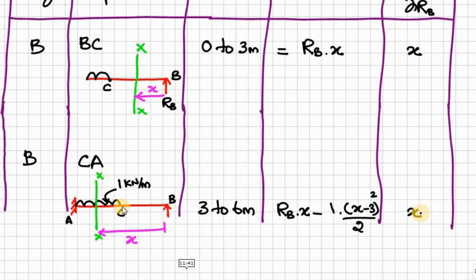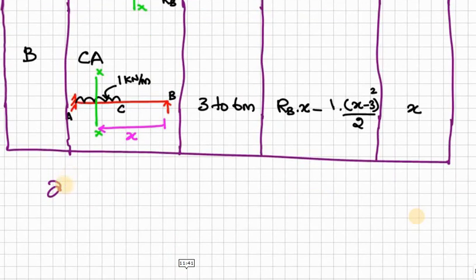So X minus 3 into X minus 3 divided by 2, okay, that is the distance, which is Mx, and differentiating this Mx with respect to RB, we will get X. Now we can substitute these values in the strain energy expression.